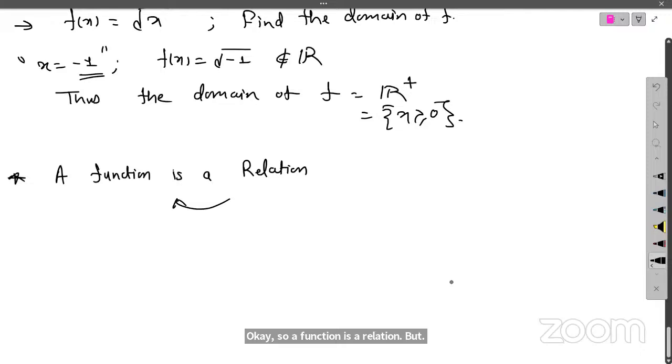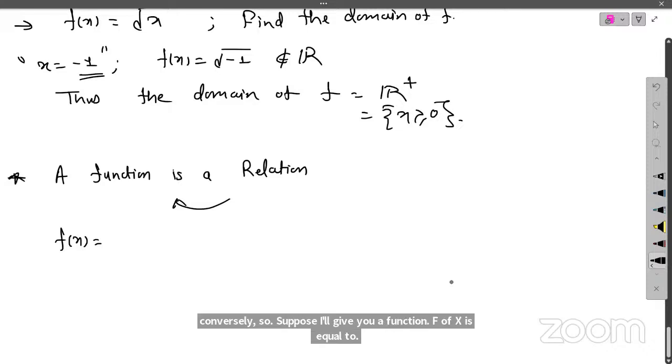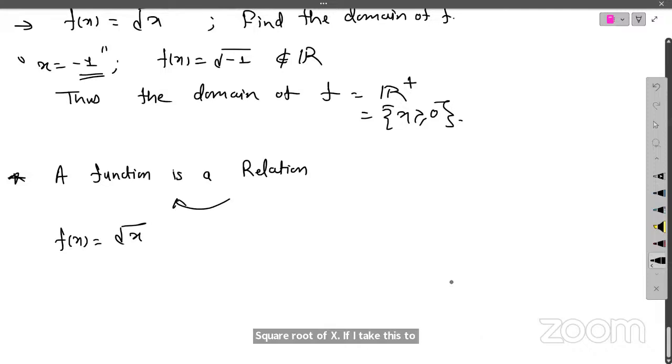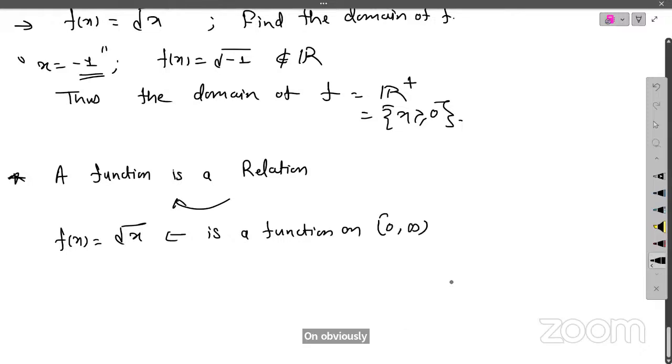Suppose I give you a function f of x is equal to the square root of x. If I take this to be my function, then this is a function on the closed interval 0 to infinity, right? All members between these, you can take it to be a function.